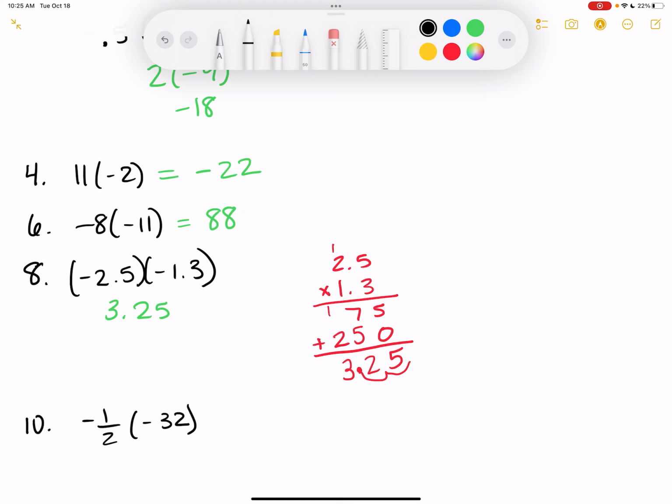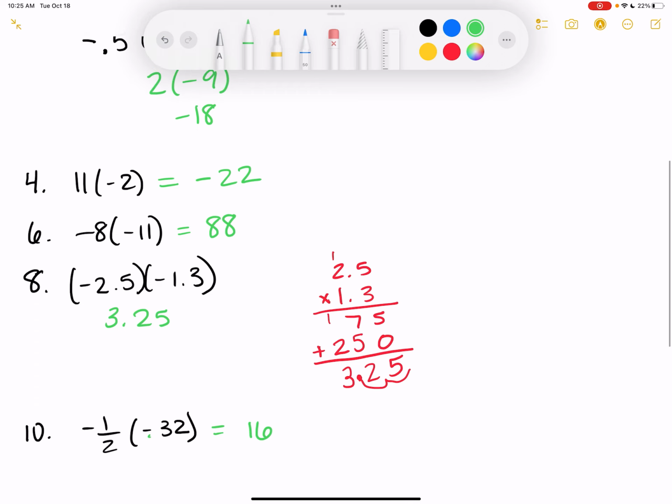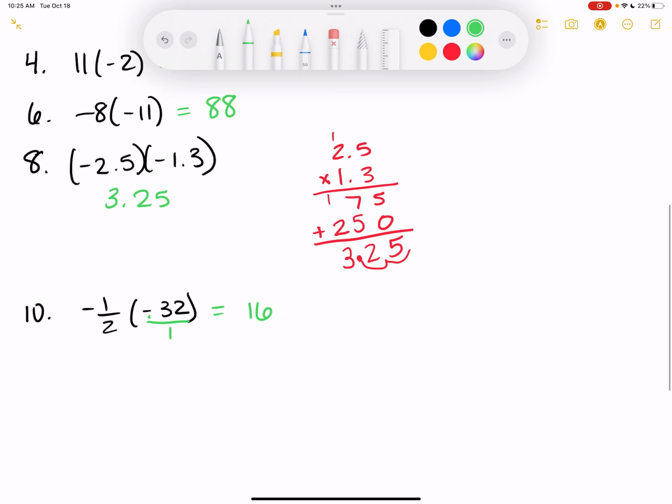It would be 16. And they're both negative, so it's going to be positive. So this is going to be equal to 16. And sometimes it's easier to see it if you look at it like this.